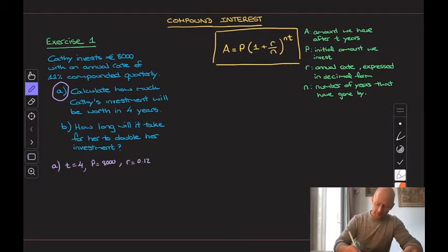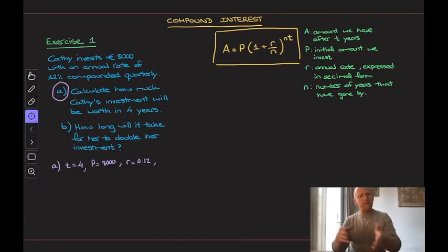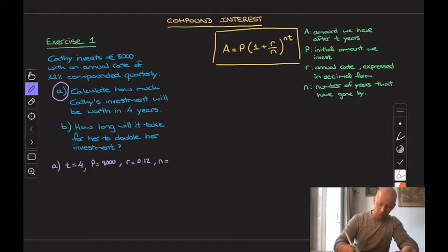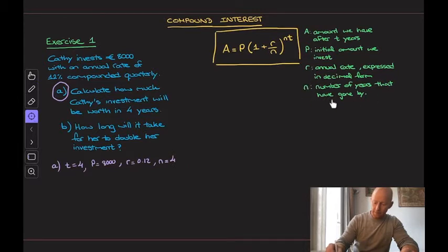And finally, since we're told that the interest is compounded quarterly, that means it's going to be compounded 4 times a year, right? So let's see. N will be equal to 4. And as I'm writing that, I can see that already up here, I didn't define t. And I've done that a bit like last time, actually.